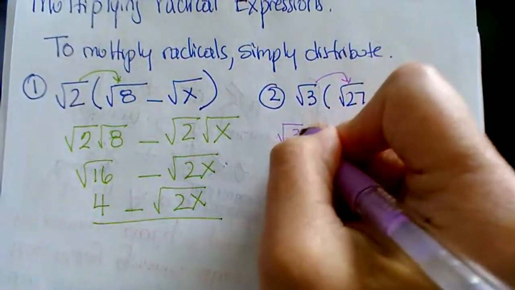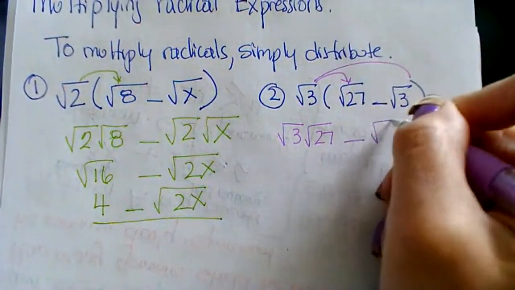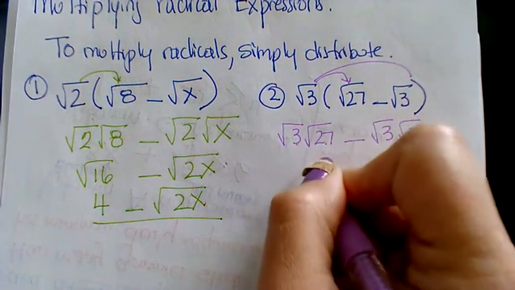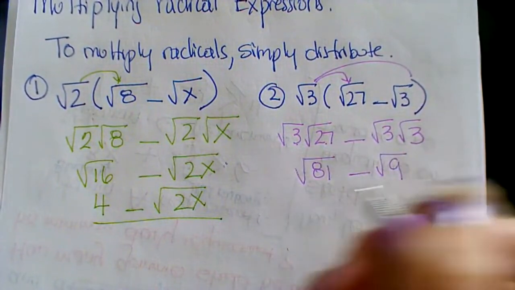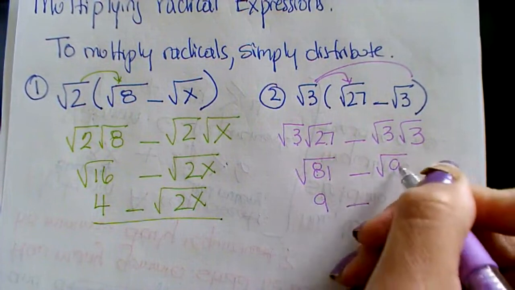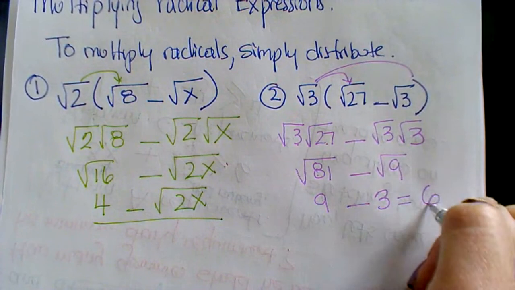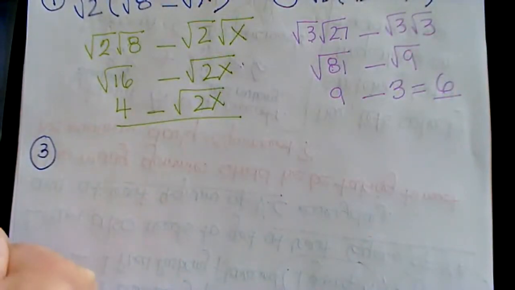We're gonna distribute square root of 3 times the square root of 27 minus square root of 3 times square root of 3. 27 times 3 is 81, and 3 times 3 is 9. What's the square root of 81? It is 9. The square root of 9 is 3. And what do we get? 6.